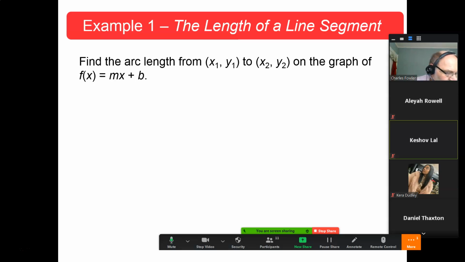Okay, so let's do example 1. By the way, somebody was mentioned here, a guy named Christian Huygens, a Dutch mathematician who invented the pendulum clock, and James Gregory, a Scottish mathematician. Both made early contributions to the problem of finding the length of a rectifiable curve.